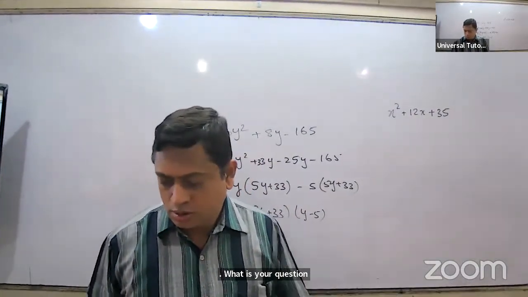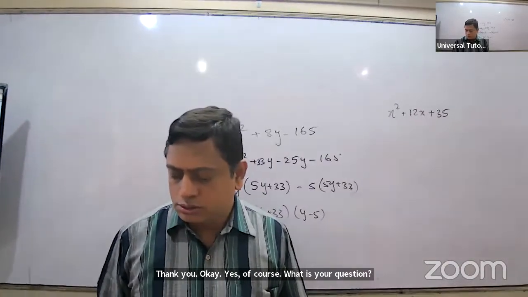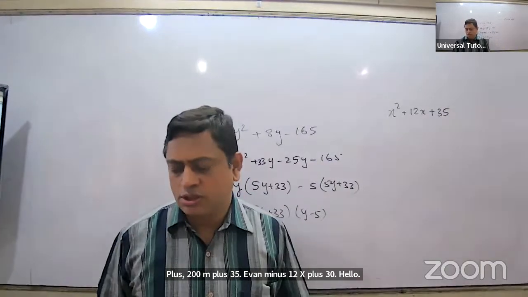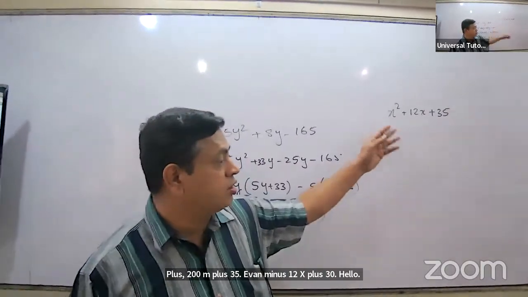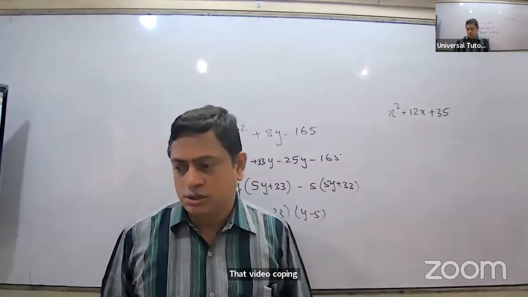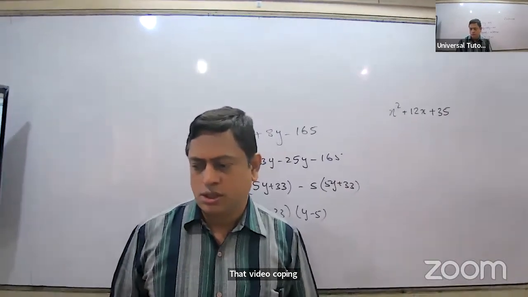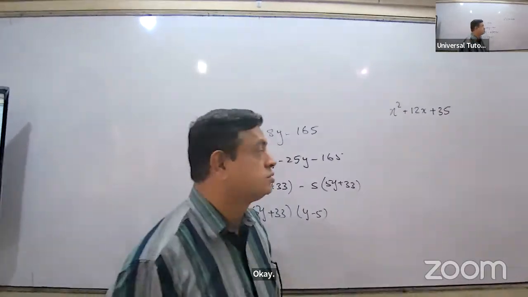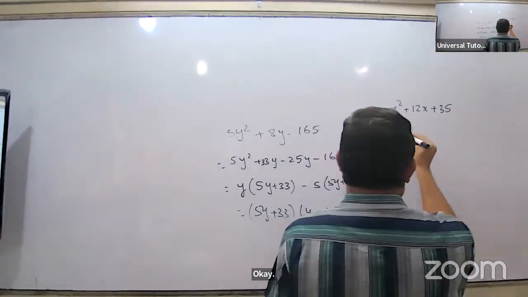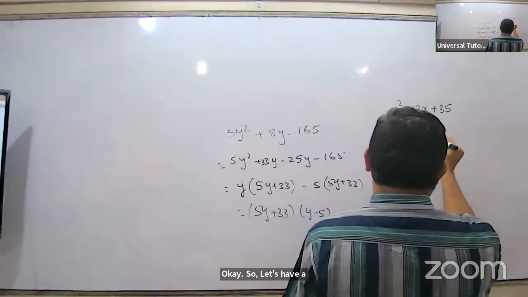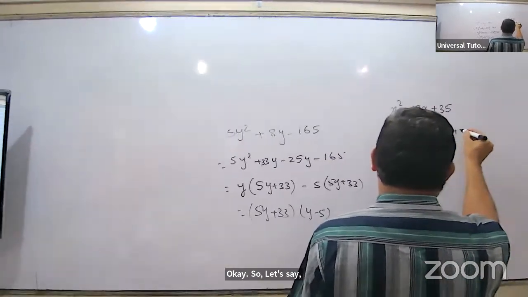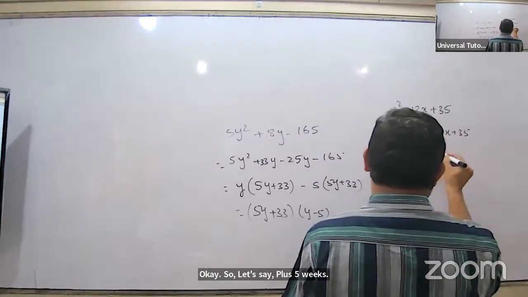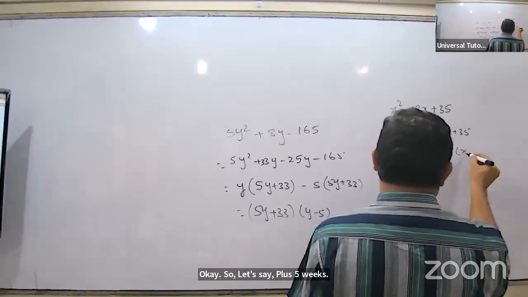Then why did he cut? That means you are copying. Tell me, okay, how to factorize, tell me. Product... 7 plus 7x plus 5x. So then it is coming as x square plus 7x plus 5x plus 35. So x is common, x plus 7 times x plus 5 into x plus 7.